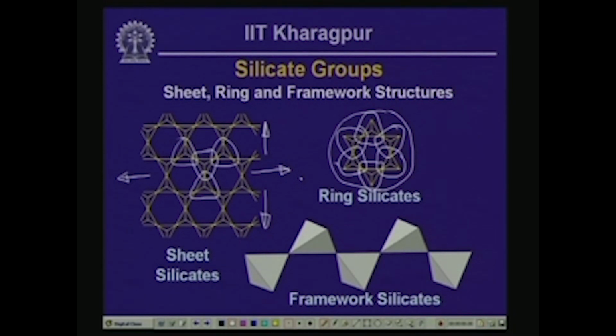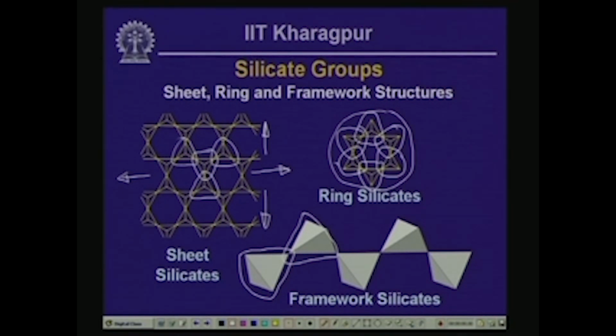In this case, tetrahedra are combined with each other in a 3-dimensional sense, and you have a solid formed out of a combination of silica tetrahedra in all 3 directions, instead of the 2 directions that we considered in the case of sheet silicates.